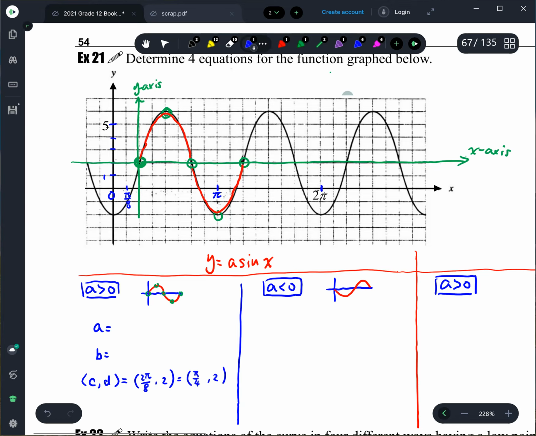Okay, now please find the values for A and B. Once you got A and B, please raise your hand.